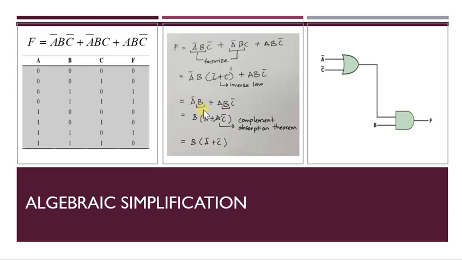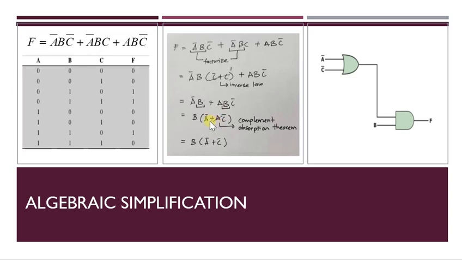Here we can see the same variable, so we can do a factorization again: B times (A bar, or A C bar). Using the complement absorption theorem in algebra, when A bar or A and something, the A can be eliminated.